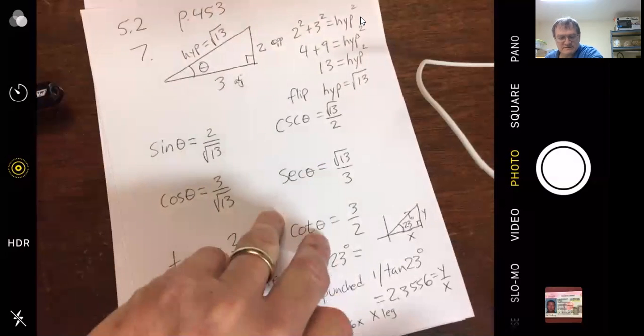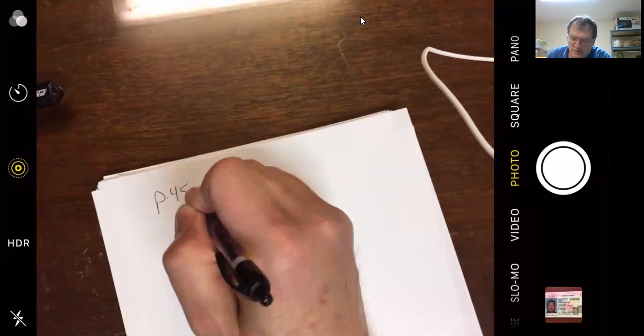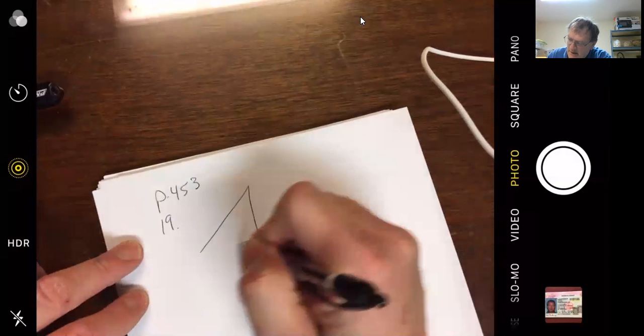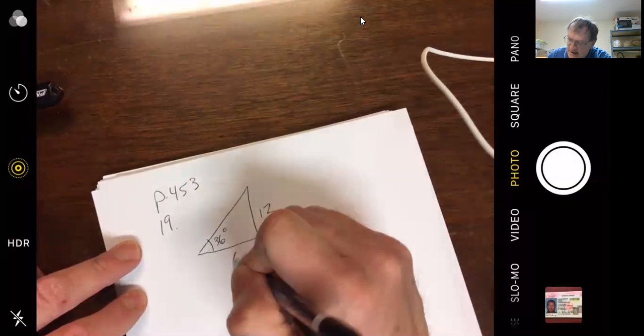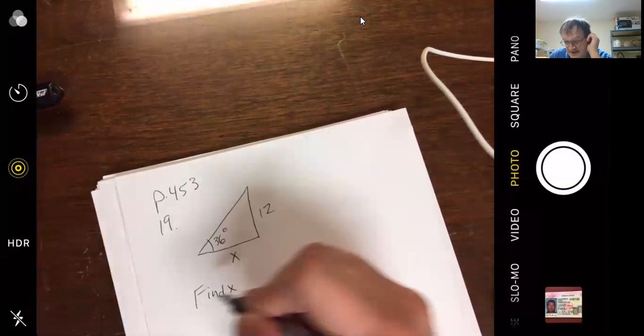Find x. Page 453, number 19, 36 degrees, 12, and x. We want to find it to 5 places.